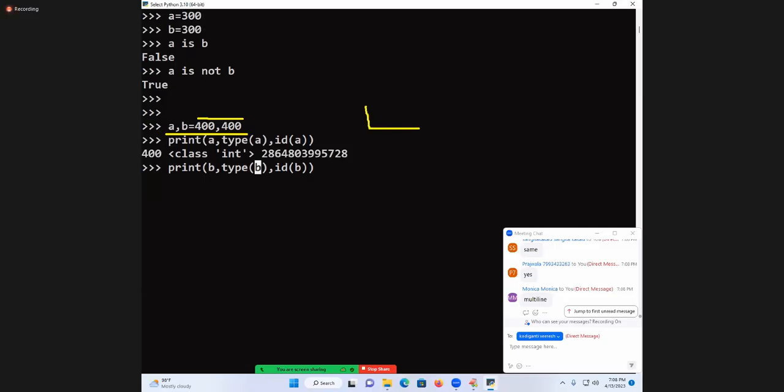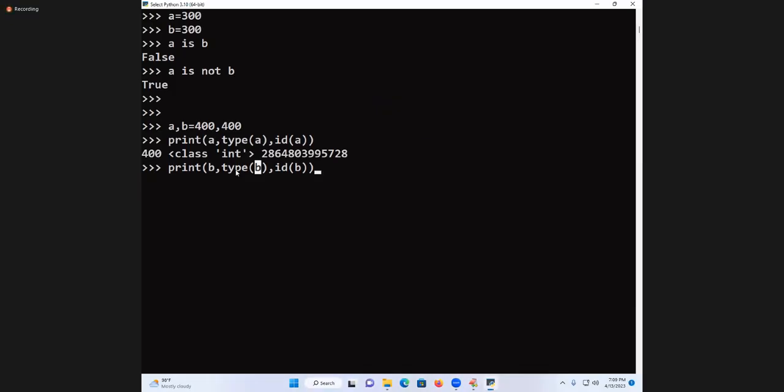One 400 is there, another 400 is there, same value, so why create two memory spaces? In multi-line assignment for integers, both are pointing to the same address. A is B, true. A is not B, false.